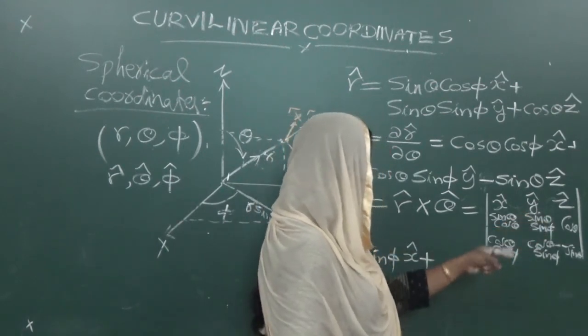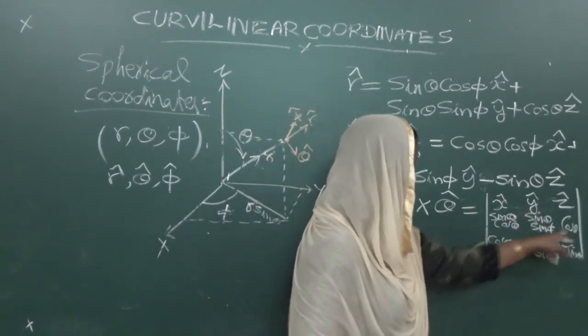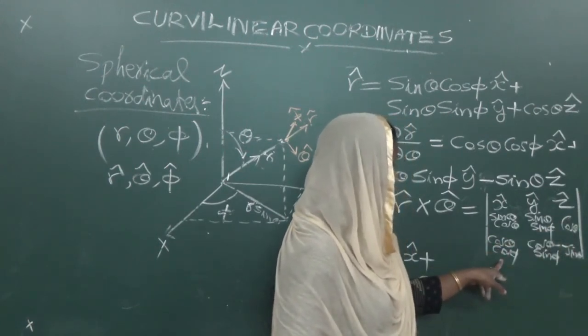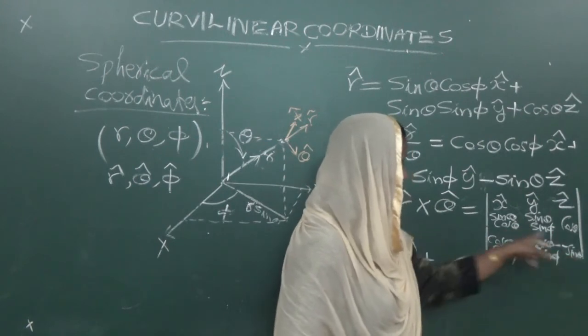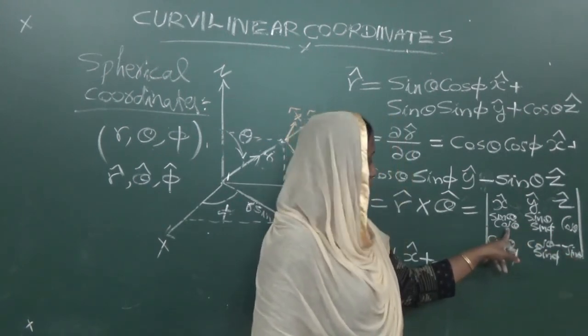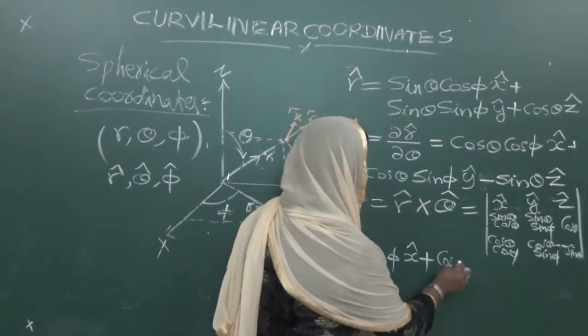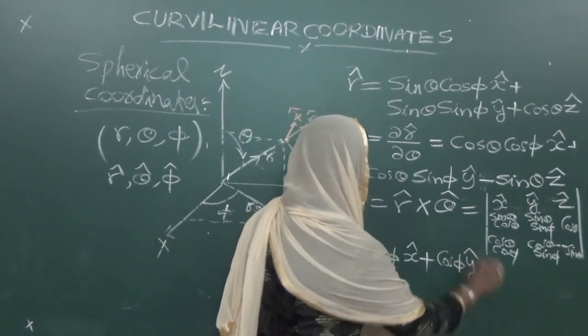In order to get the y cap term, you have to take the expression cos square theta cos phi plus sin square theta cos phi. So you get cos phi here, cos phi y cap.